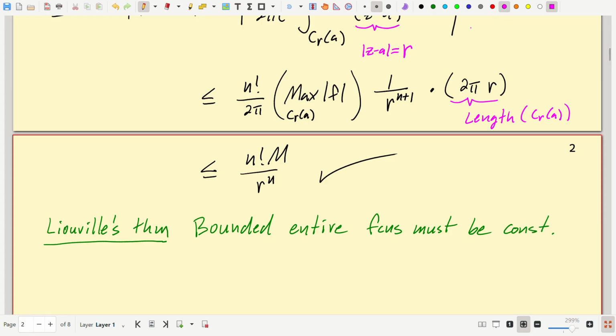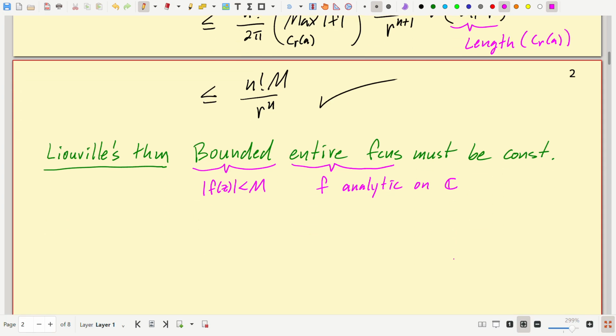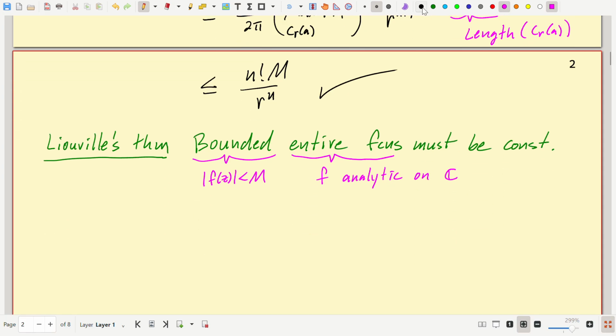Bounded just means that |f(z)| is less than or equal to some bound. And entire means that f is analytic on C, the whole complex plane. The proof is just the n equals 1 Cauchy estimate. That's all there's going to be to it.